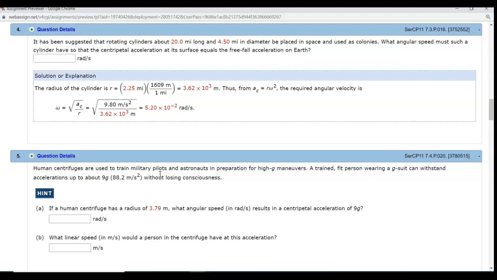So if we look at the radius of the cylinder, and it's, I guess it's miles long. Okay, so we're converting miles to meters here.